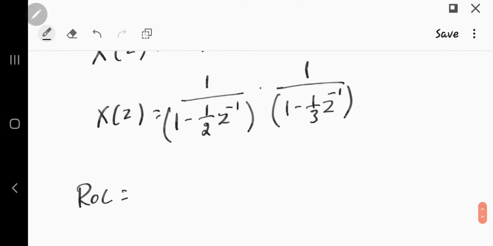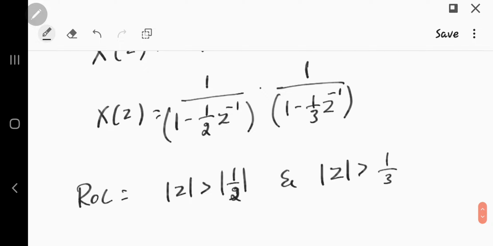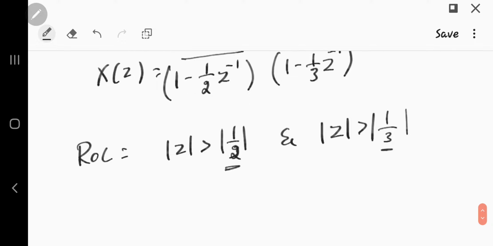If you look at this, the first term says |z| is greater than 1/2, and the second one says |z| is greater than 1/3. Among these two values, 1/2 is greater.